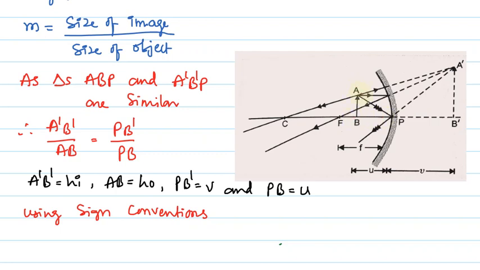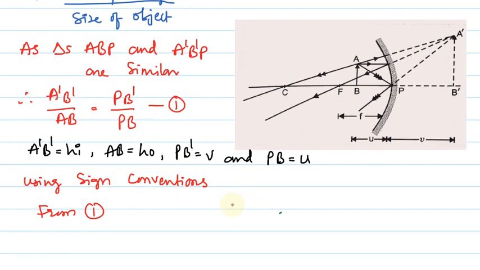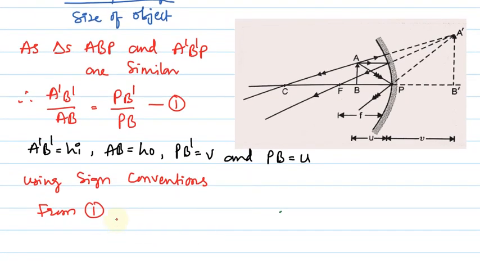Height of the object is positive because it is above principal axis. Height of image is also positive because it is above principal axis. So if I consider this as expression 1, from expression 1 we can write HI upon HO is equal to v upon minus u.